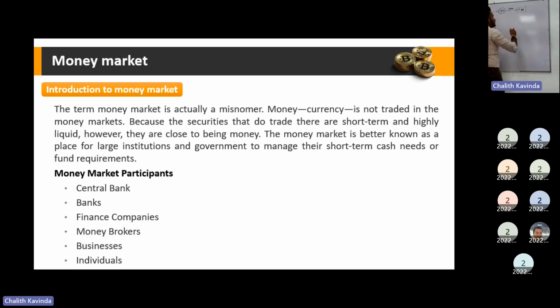So at the very beginning, the central bank issues treasury bills to whom? To primary dealers. We call them primary dealers. Now, how many primary dealers are there? Who are the primary dealers? Simply they are the banks and or the financial companies.